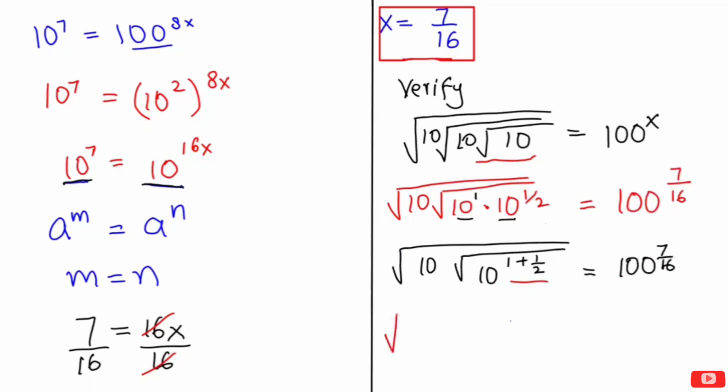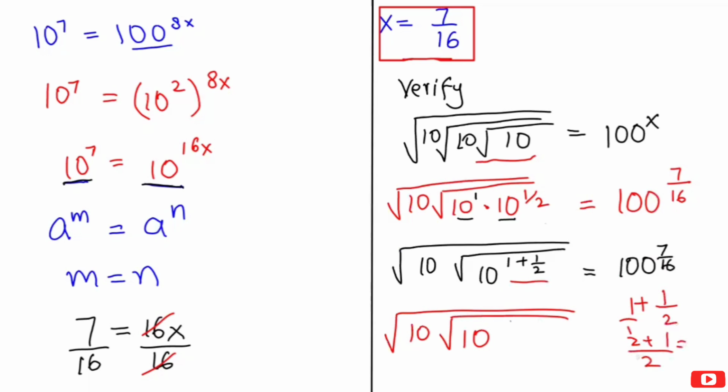So root 10 to the power of 1 plus 1/2. Here we take the LCM 2. Here we get 2 plus 1 is equal to 3/2. So in replacement of this, I am going to write 3/2. 10 to the power of 3/2 is equal to 100 to the power of 7/16.